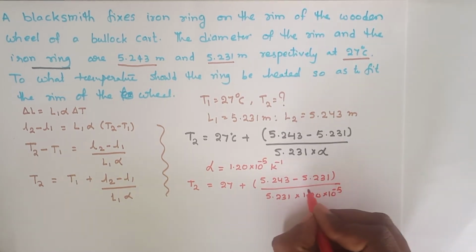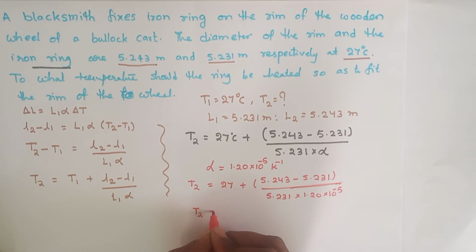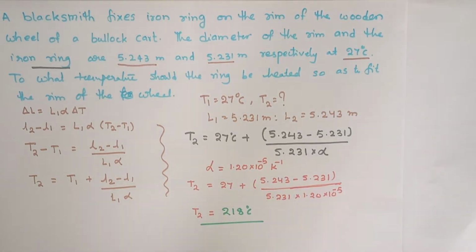Substitute all the values and get the answer for the final temperature. Doing all calculations by using a calculator, approximately you will get it as 218 degree centigrade.